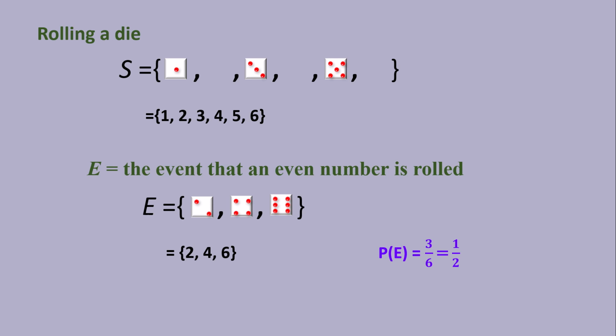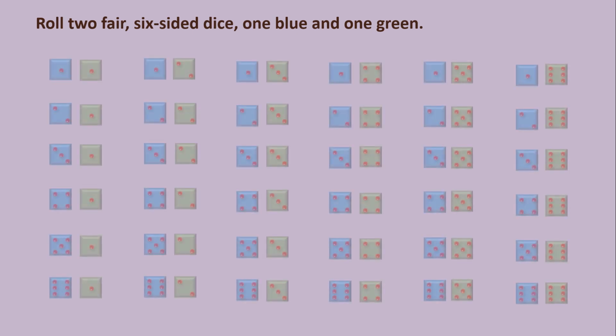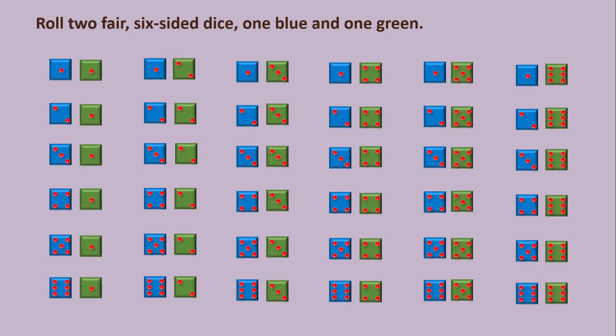Okay, how about 2 dice? Roll a pair of 6-sided dice, 1 blue and 1 green. How many outcomes do you think? Let me show you. These are each possible outcome. As an example, the first one is 1 and 1. That means the blue die gives 1 and the second die is also 1.